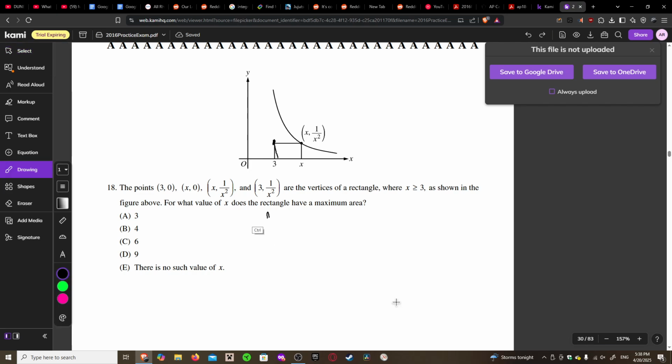I could just plug it in. 1/9 times... No. 1/81 plus, or times 9.